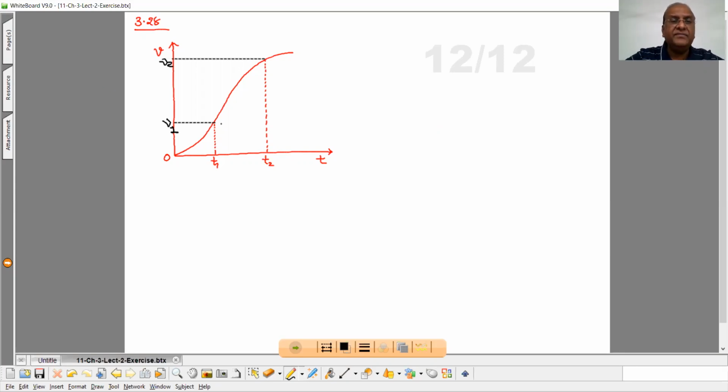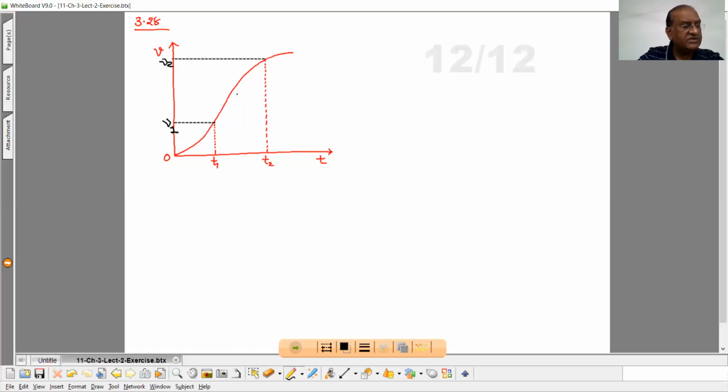See here, between t1 to t2, the graph of velocity versus time is not a straight line graph. It implies that the slope of this graph is not constant. It implies that acceleration is not constant. It implies that we can't use this equation for time interval t1 to t2.